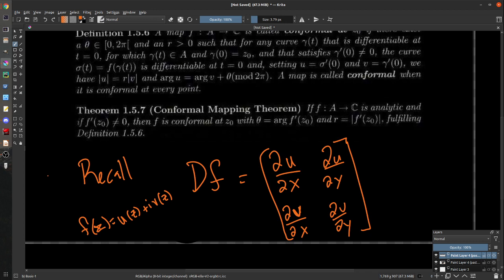These equations are called the Cauchy-Riemann equations, and they are a really big deal. Essentially, they give us what's going on with this conformal requirement. They end up implying it, and you can actually do it the other way too.